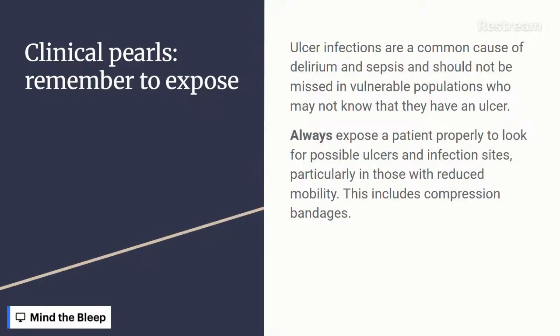But it's important to look for the underlying cause, and one of which could be infected ulcers. So always expose the patient appropriately, look for possible ulcers, infection sites, particularly in those with reduced mobility, and that includes those wearing compression bandages as well.